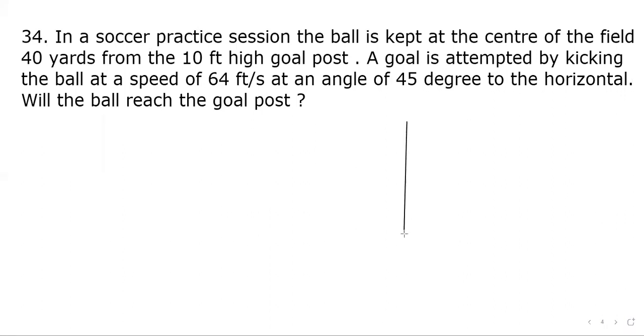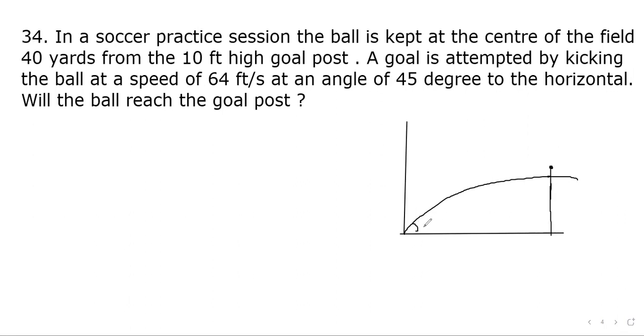So, this is the goal post, and we project it like this. We have to calculate whether it will reach the height or not.